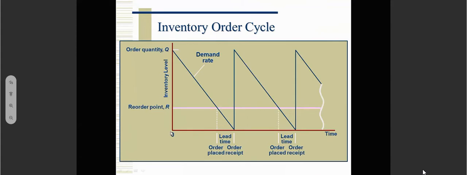So if we take the example where we apply the economic order quantity, 62.2 days will represent each of these cycles. So the 62.2 days end when the inventory level reaches zero. So it's the ending of each cycle of 62.2 days.